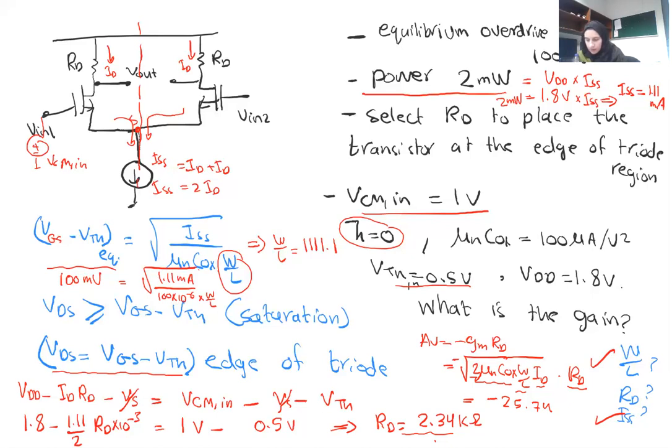VGS is basically given from the common mode input minus the source voltage, which equals ID times RD minus the VS. Since both sides have the VS, we are left with a similar relation. We found RD from here, and then our gain is minus GM RD. We found GM, and we know RD, and we found the gain.